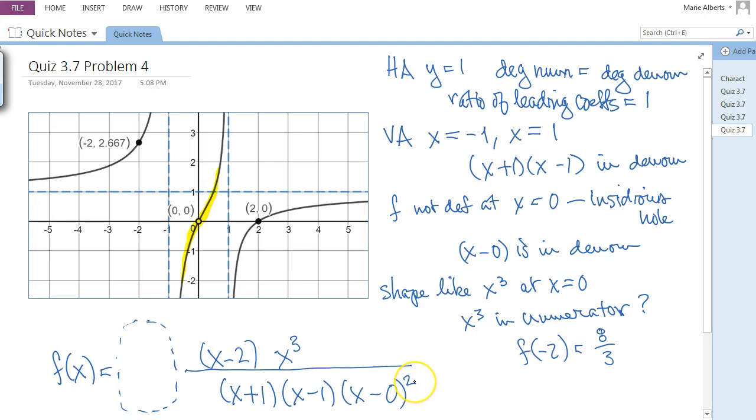So let's try making that one squared. And where does this get us? If x is equal to 0, then I have a negative 2 over negative 1. I'm going to need a lot more than that. But let's try this much in decimals.